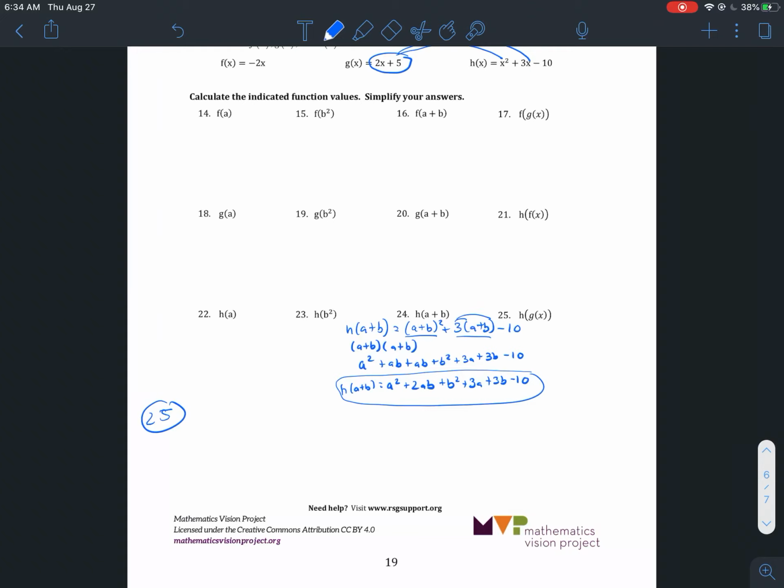So let me write 25 and we are doing h of g of x. So we will go ahead and plug in 2x plus 5 squared plus 3 times 2x plus 5 minus 10. And again, we need to FOIL this, distribute this.